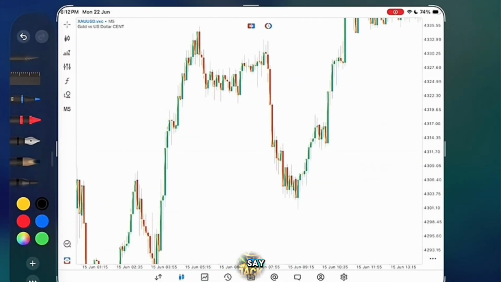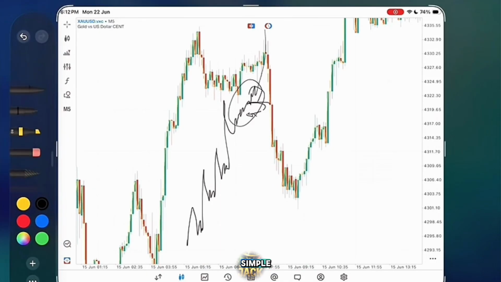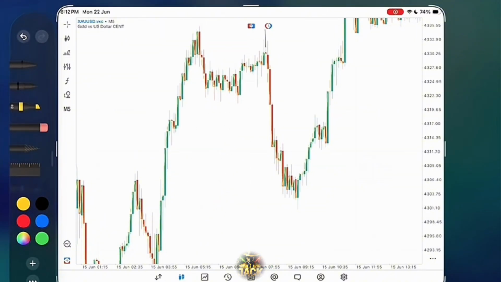What do I always say? Volume, volume, volume. And look for pressure. Here you enter. Simple. You already have a few volumes below here. The market keeps on pushing up.